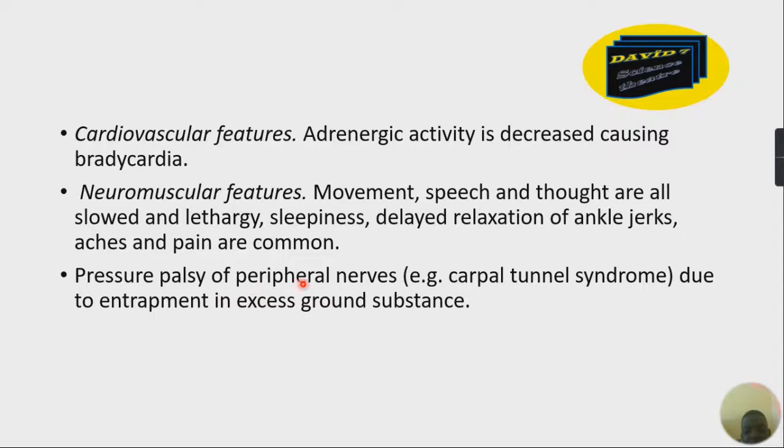There is pressure on peripheral nerves, for example carpal tunnel syndrome, due to entrapment in excessive ground substance. With the low metabolic rate, ground substance increases and puts pressure on peripheral nerves. Entrapment of these nerves will occur, and for example, they can get carpal tunnel syndrome.